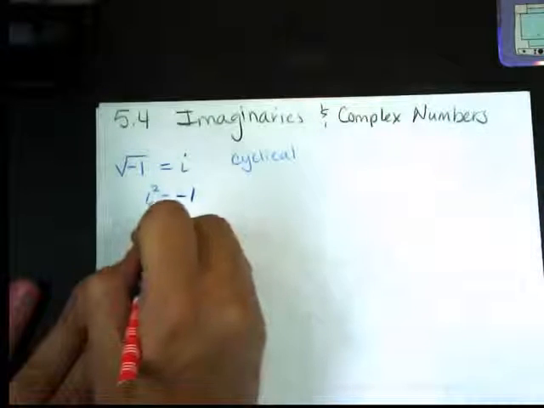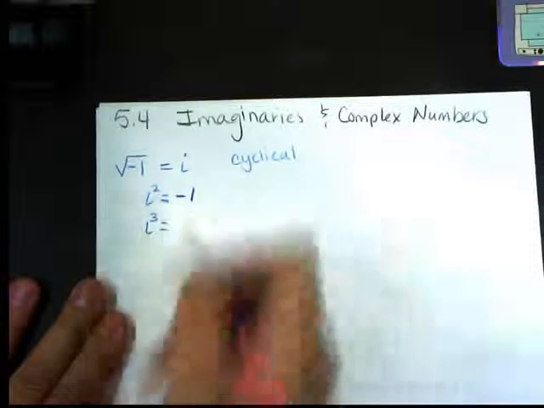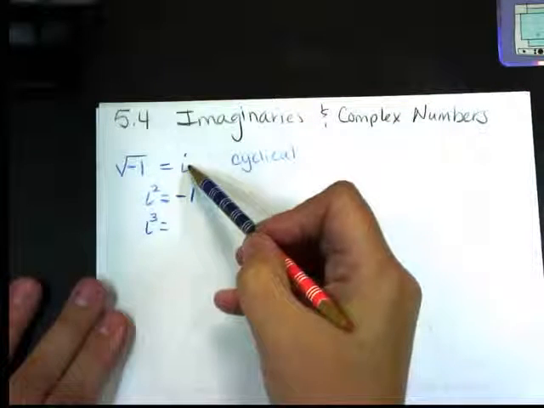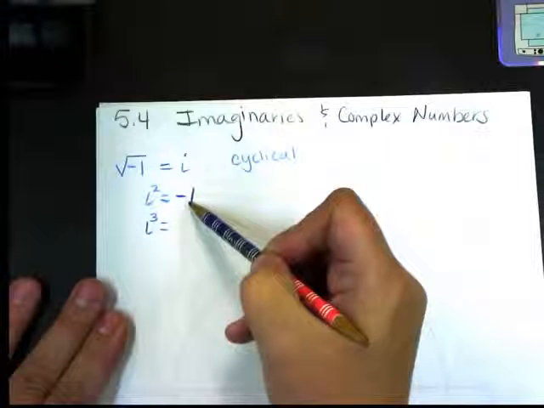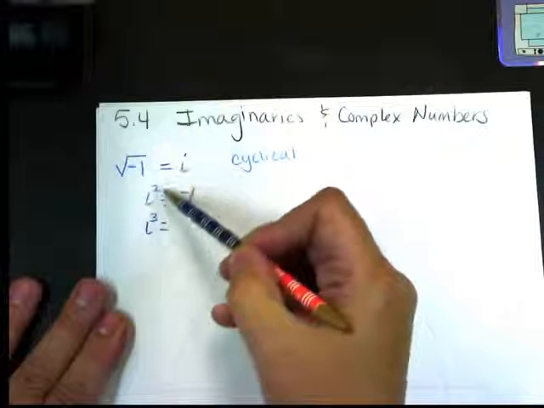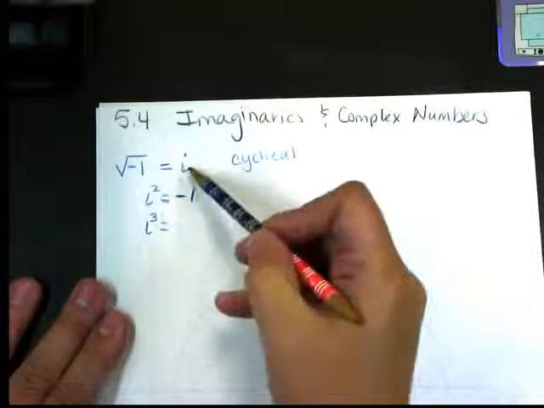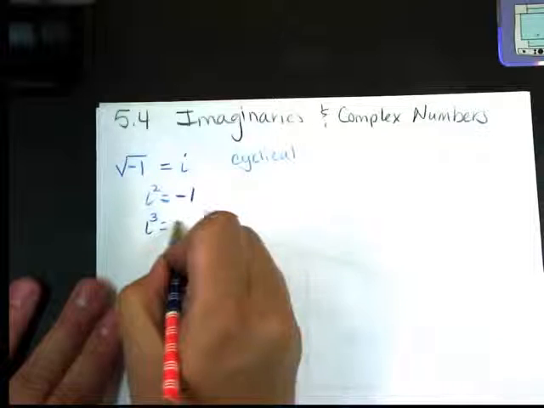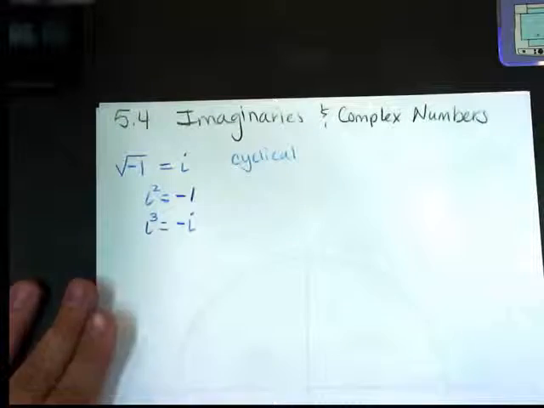When I have i cubed, well, that's i times -1, because that's 1 i, 2 i's makes 3. So i times -1 gives me -i.